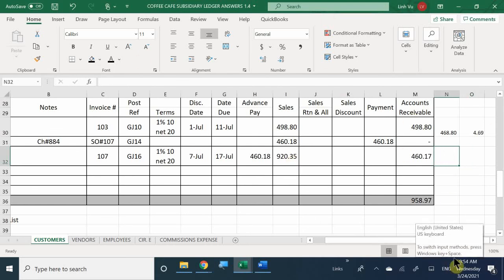Remember, he deserves 1% off of his total sales, even if he made a payment beforehand, because that doesn't affect the terms, right? He made an advance payment, so he already made a payment, but that doesn't affect the sales itself. So off of the 920.35.